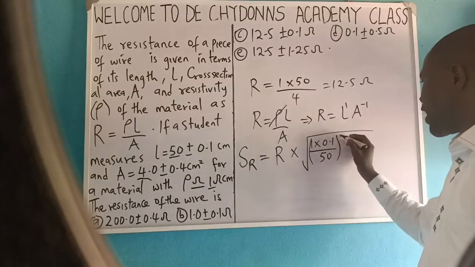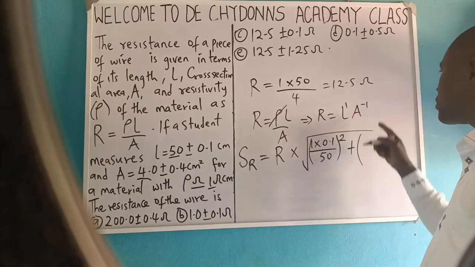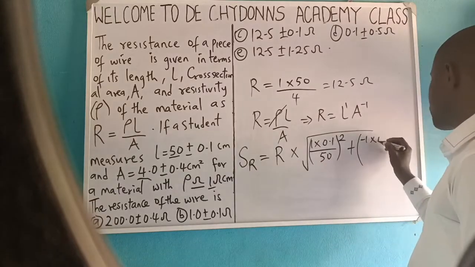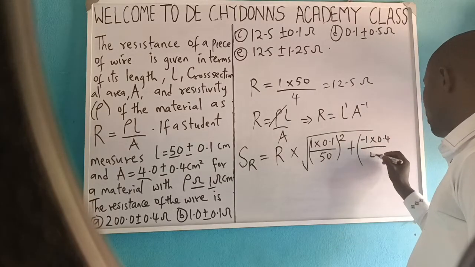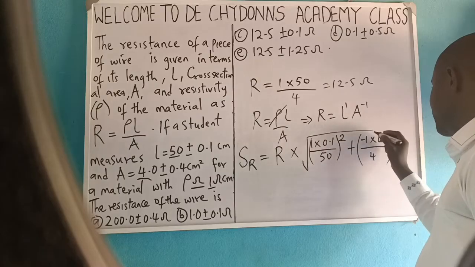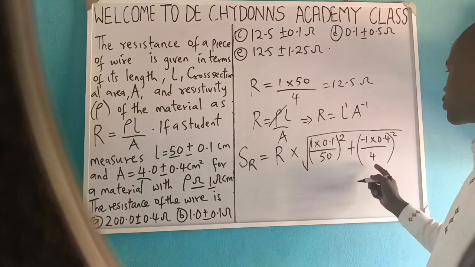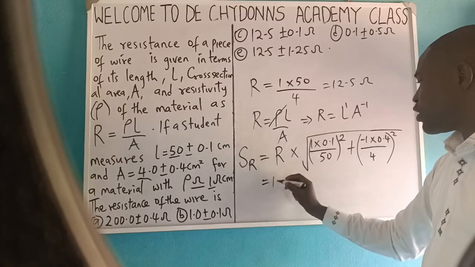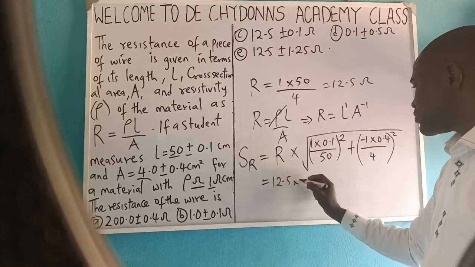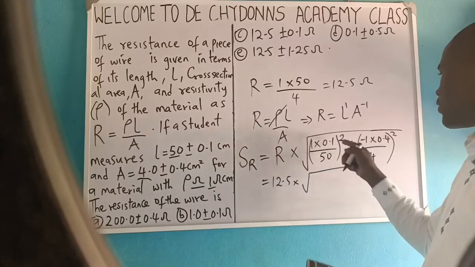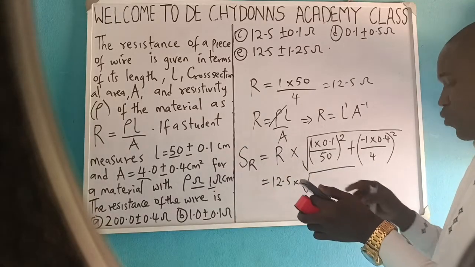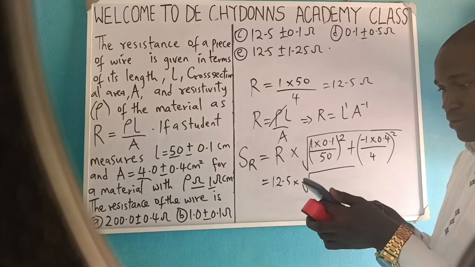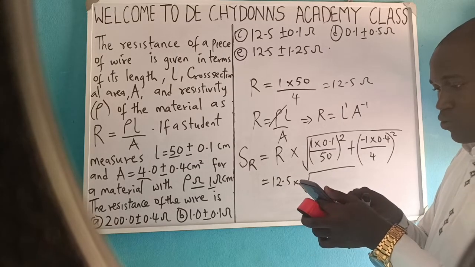Yes, you square it, plus 1 times what is the error? 0.4 all over what? 4. All squared. Once we get this, we'll multiply by R. So we'll be having R to be 12.5 times square root of, let's sort out this. We have 0.1 divided by 50. Then we square it.